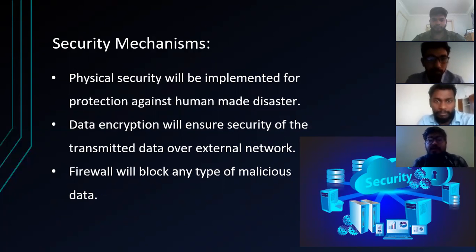Physical security will be implemented for protection against human-made disasters, while encryption and cryptography will make the data secure from every aspect. And by providing a secure network, we can protect our system from hackers and other threats that can have a big impact on our network.